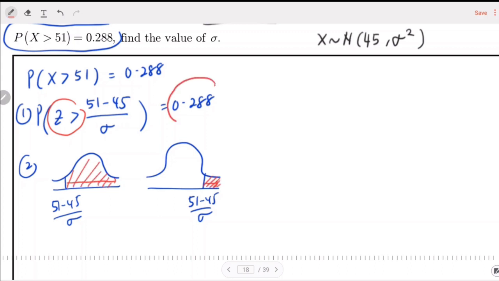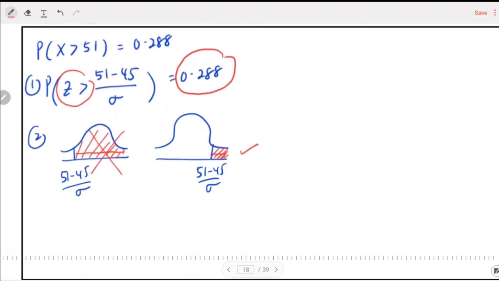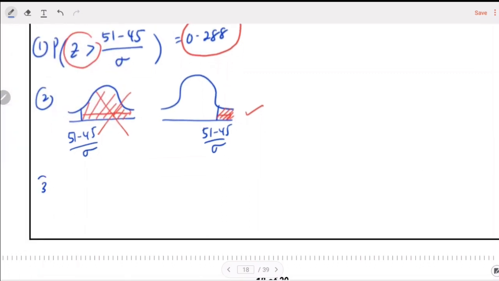Our probability is less than 0.5. It means it's a very small probability. So the suitable one is the right one. This one is not logical. The third step is to find whether we need to put 1 minus or not.